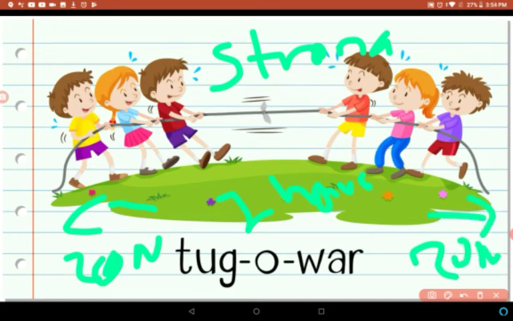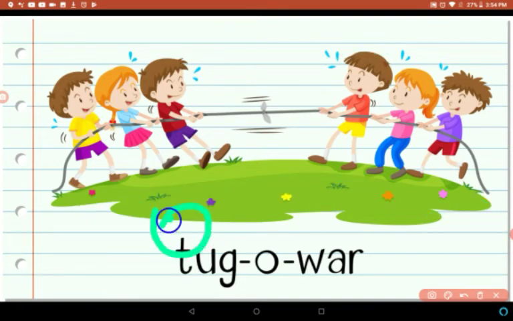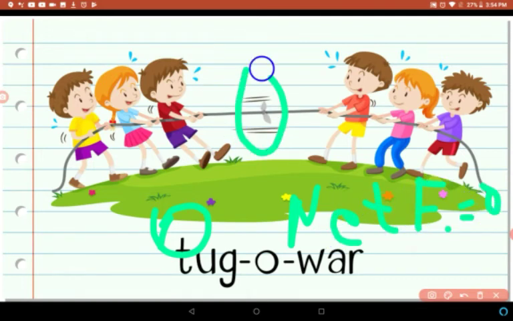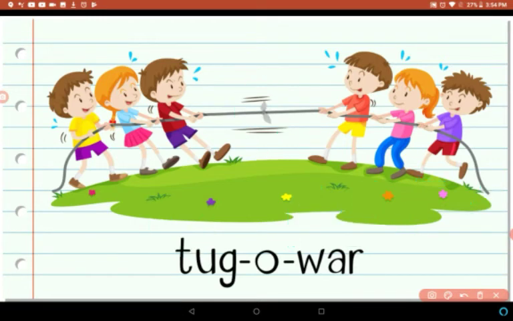So when they subtract from each other, we get 0. So the net force was 0, and the rope didn't move. This may happen, and sometimes if the force is too much, the rope would break. It would just go apart.